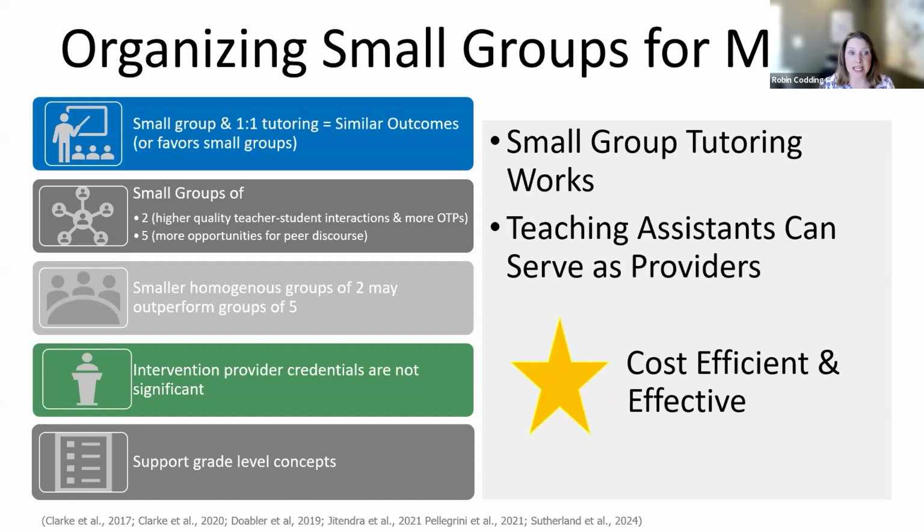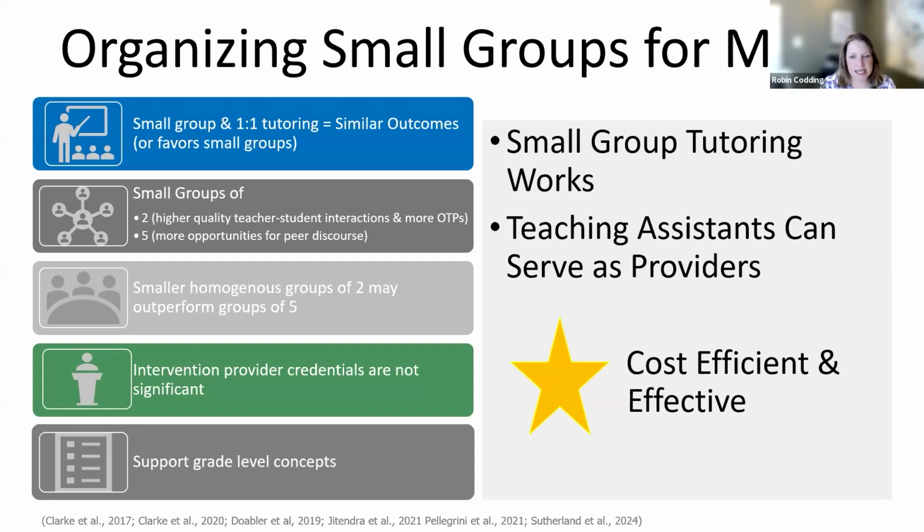So if a student needs those two active ingredients that we've been talking about, small groups of two are better. However, small groups of five provide more opportunities for peer discourse, which is also important. So thinking about what your student needs and aligning that with the group size might be helpful.